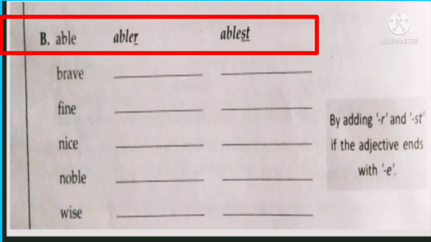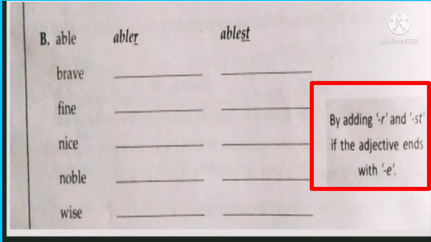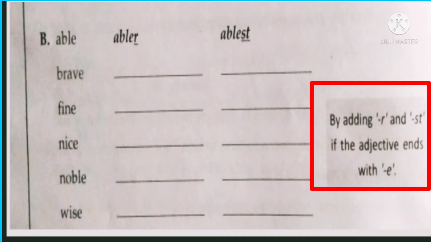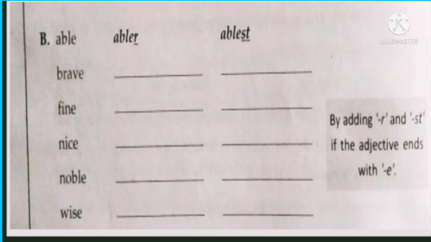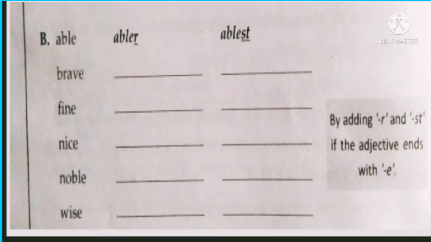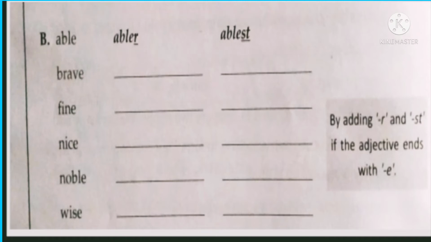So I hope you remember the rule number 2 that if the positive degree ends with E, we only add R to the comparative degree and ST to the superlative degree. Okay, so as you can see here that the first adjective able ends with E. So here we have only added R to form the comparative degree and ST to form the superlative degree.